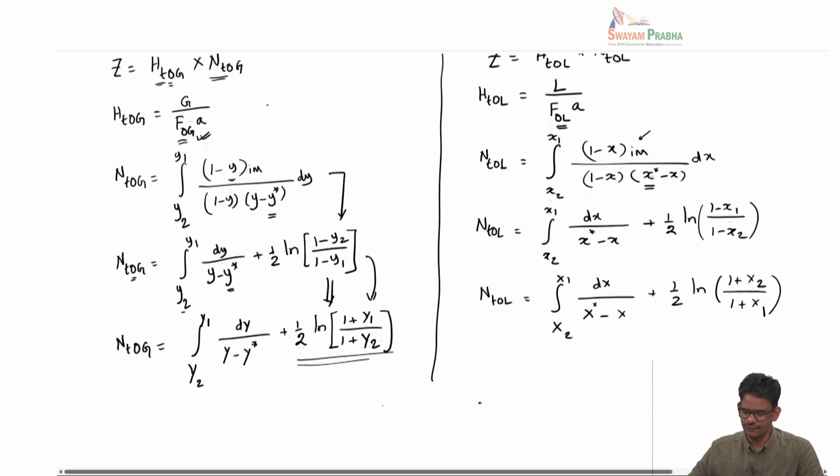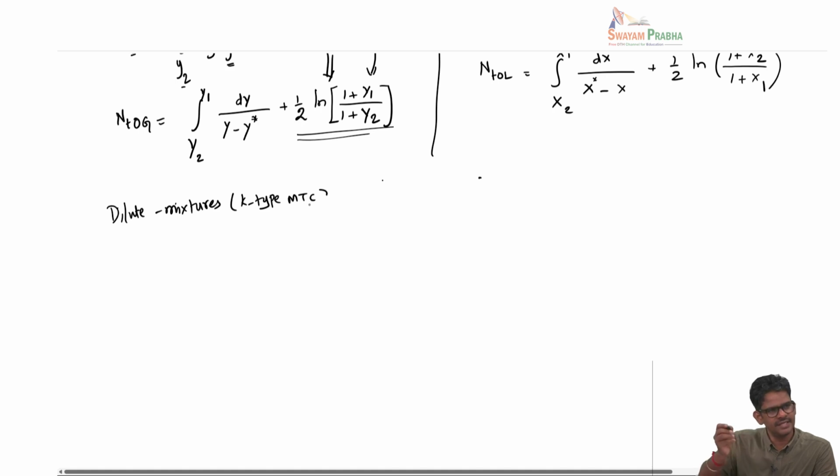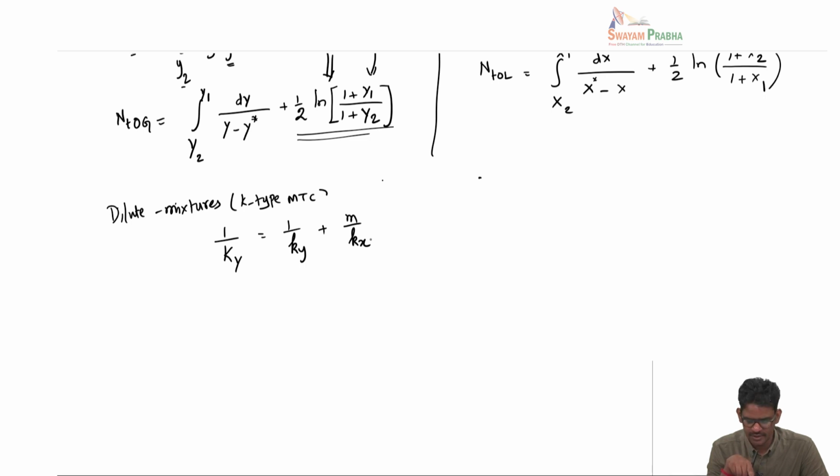If you remember, when we used dilute mixtures using K-type MTCs, we showed that if the equilibrium line is straight, I can write the overall coefficients using the local coefficients. You may recall this, right? We wrote that 1 by capital Ky is equal to 1 by small ky plus m times kx.